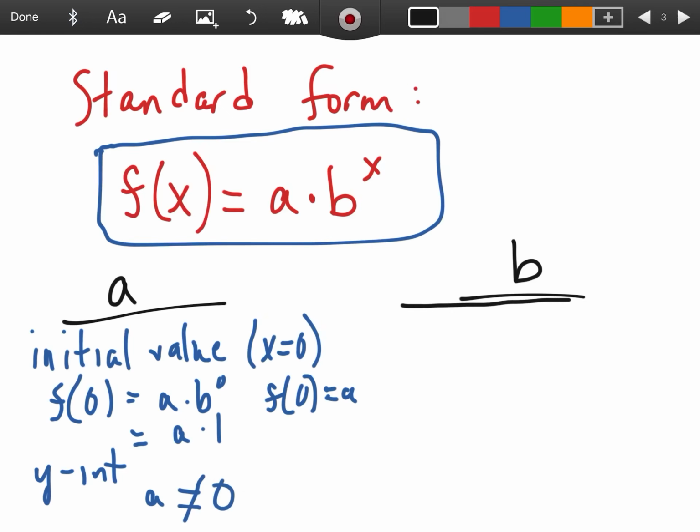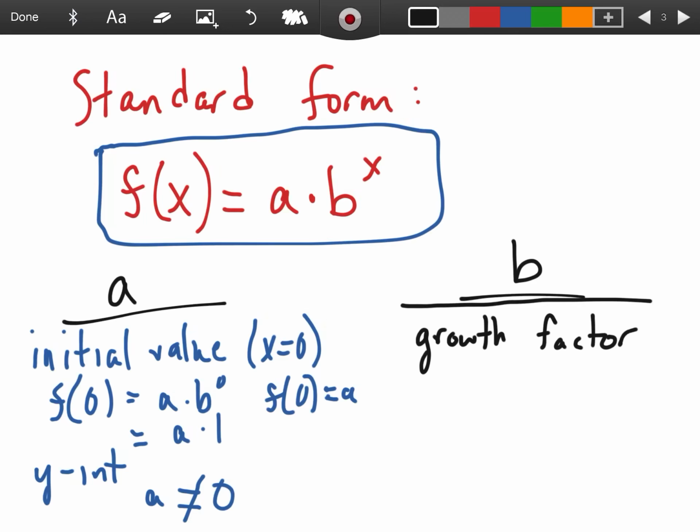All right, and now regarding our b value. So b actually has some more specific restrictions to it. All right, first of all, b is our growth factor. It's what we are going to multiply the previous value by to get to our next value.